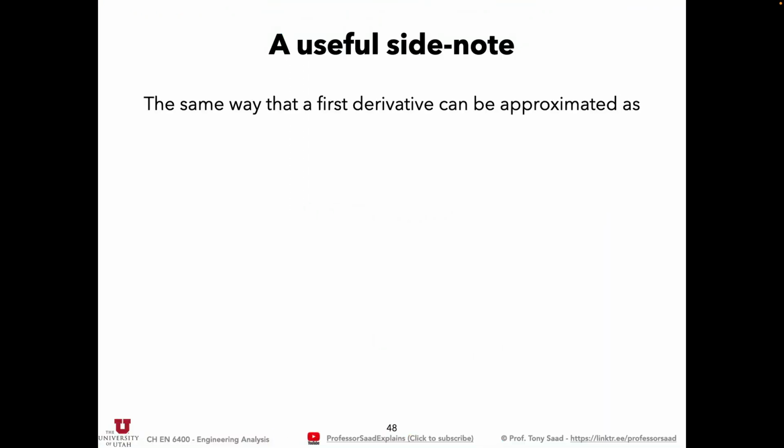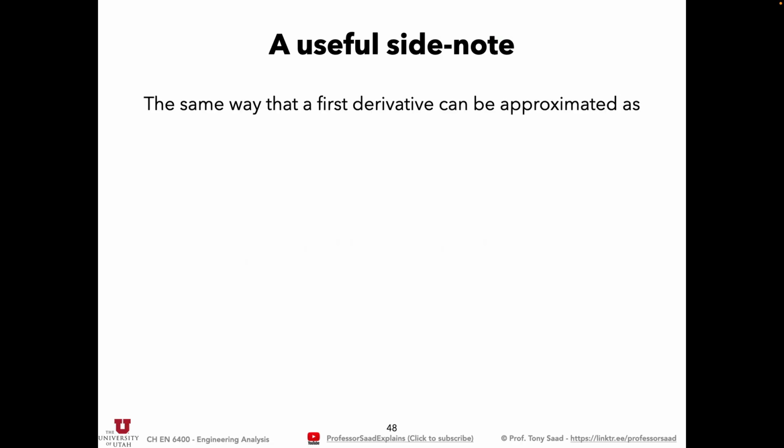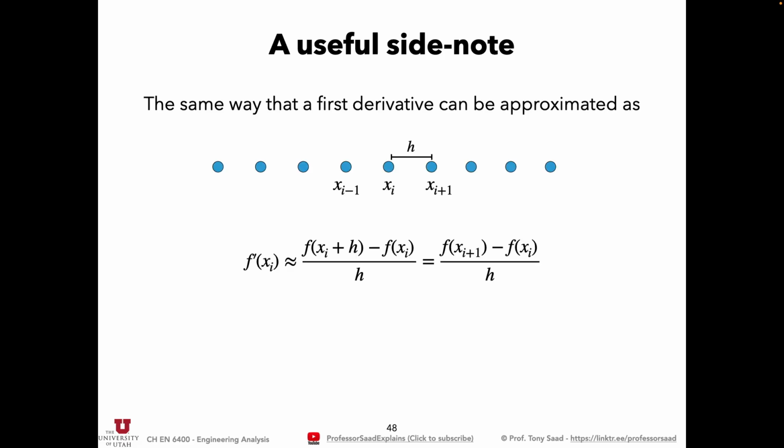Okay, so I want to remind you a little bit about the first derivative, the example we did in the first 2 lectures, where we took a first derivative and approximated it as rise over run, or f of x plus h minus f of x over h, where h is really small. You can apply this on a system of points where you have data at specific points.